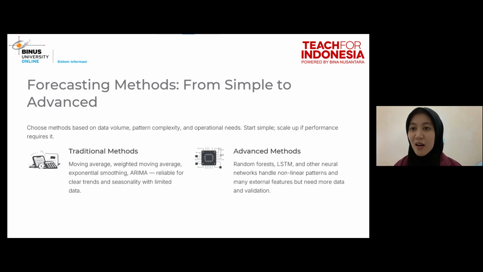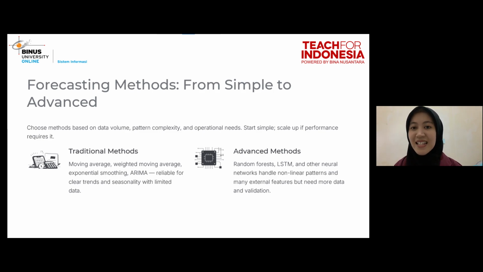These methods are often easier to implement and work well when demand patterns are relatively stable. As data availability increases, organizations may adopt more advanced methods such as random forests, neural networks, and long short-term memory, or LSTM models.